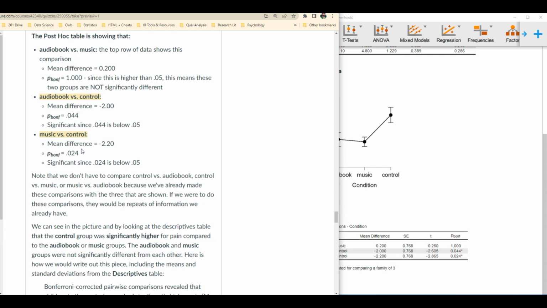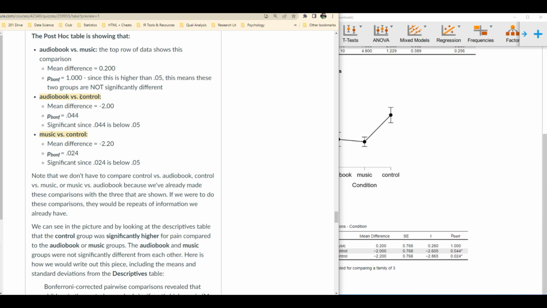So what I like to do is I look at the ones that are significant and I see, do they have anything in common? Because if they have something in common, then I can sort of condense them into one sentence or one easy way of saying it.